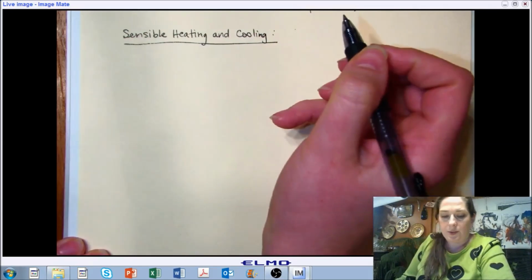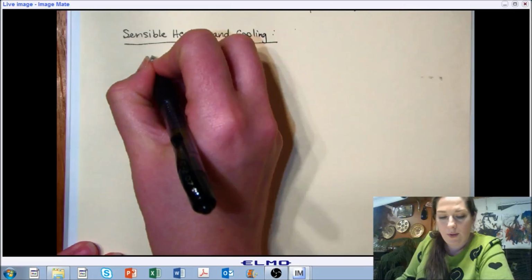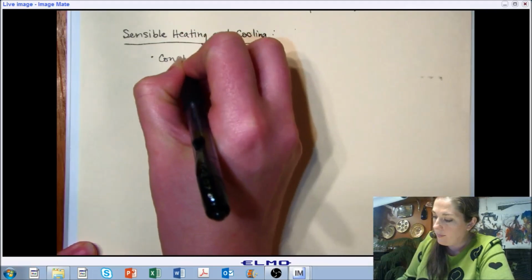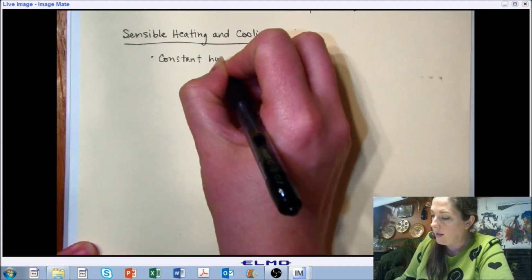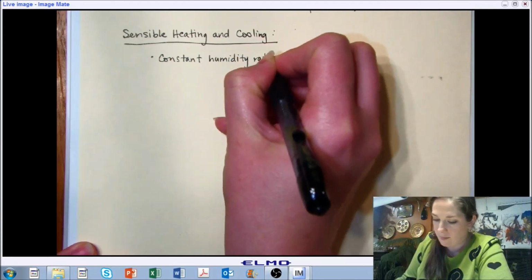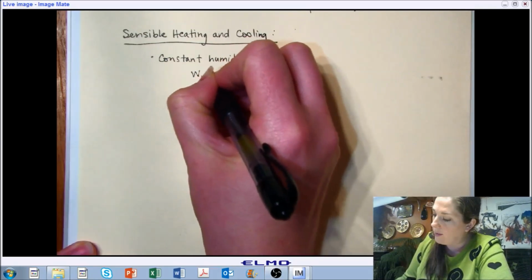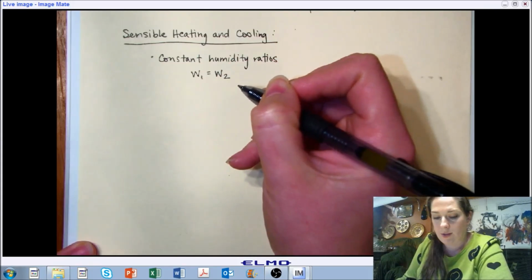And some of the characteristics that we're going to take note of when we talk about sensible heating and cooling are that we should maintain constant humidity ratios, meaning that our humidity ratio at our state point 1 should be the same as at our state point 2.